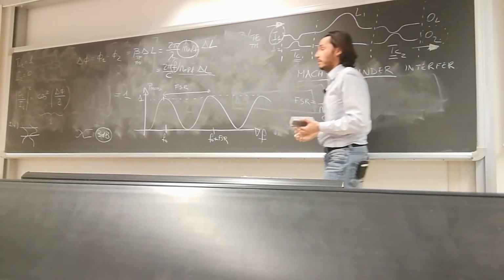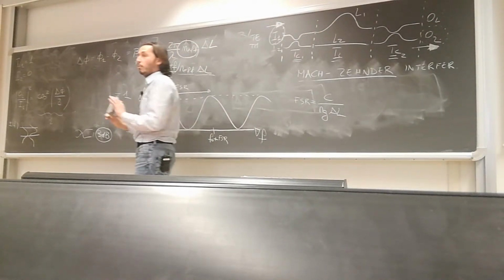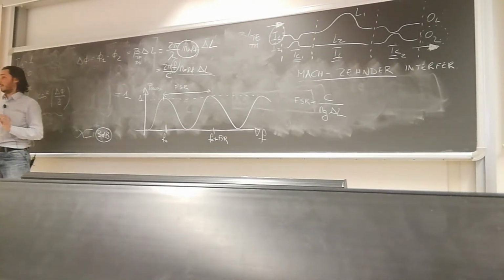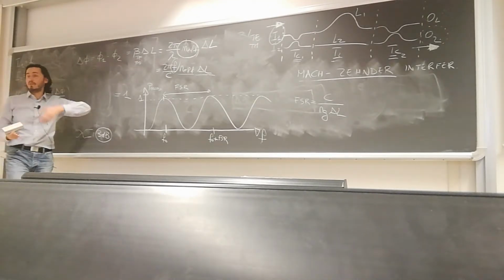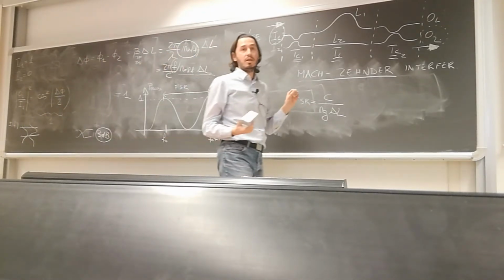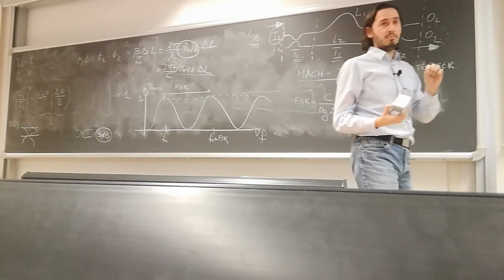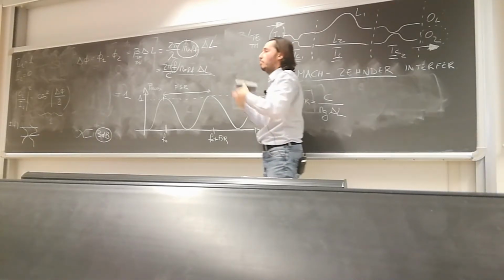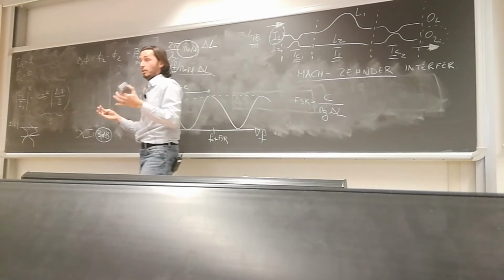Okay? This is what people that buy your circuits ask for. Okay? When you look at the data sheet of a component, one of the key specifications is polarization dependent loss, because they want all the circuits in general to be polarization independent.